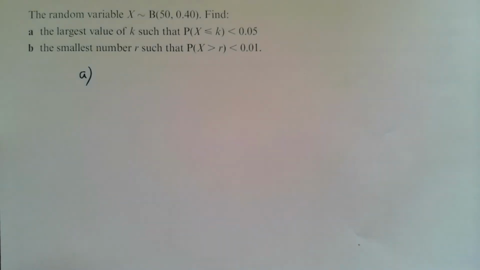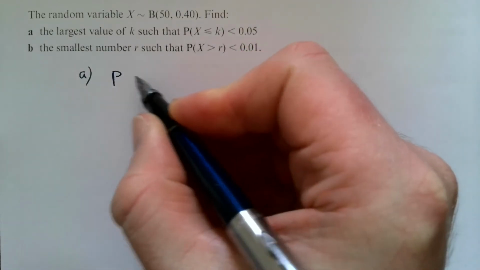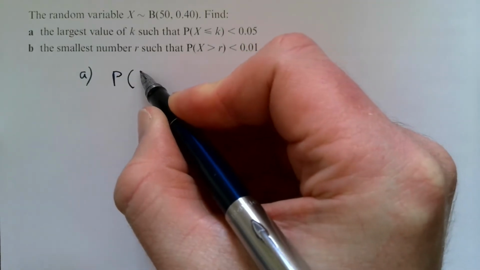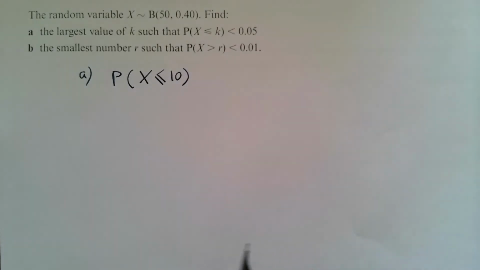And off the top of my head, I really don't know. So I'm just going to go with 10 and see where that gets me. So I'm going to go with x being smaller than or equal to 10, and I'm going to find out what that is.